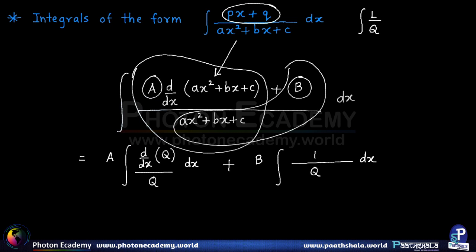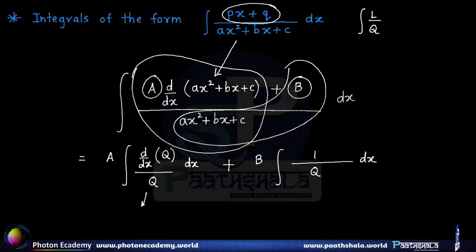Now if you observe, the first integral has the form of derivative of a function upon the function. So therefore its answer is nothing but log of mod of that particular function, as per the standard result.